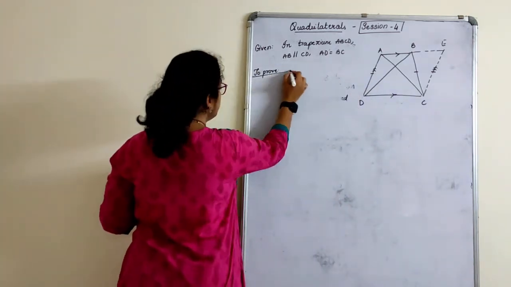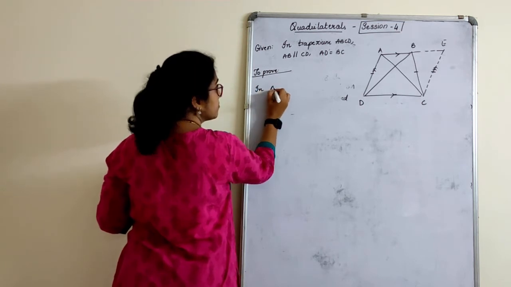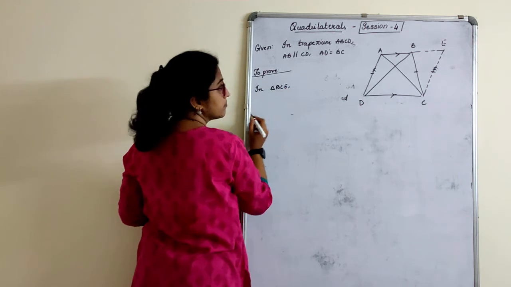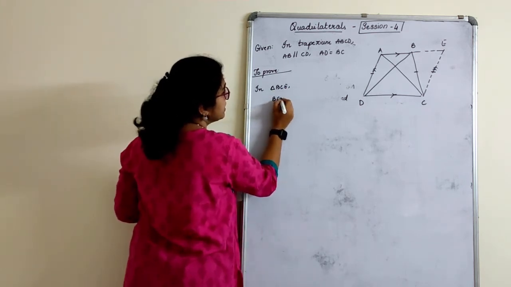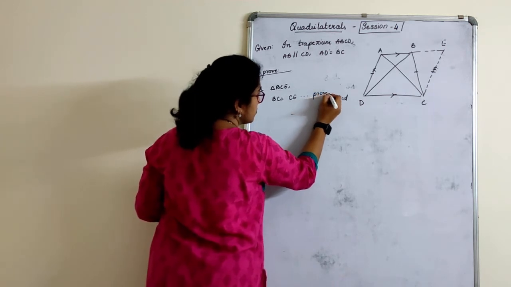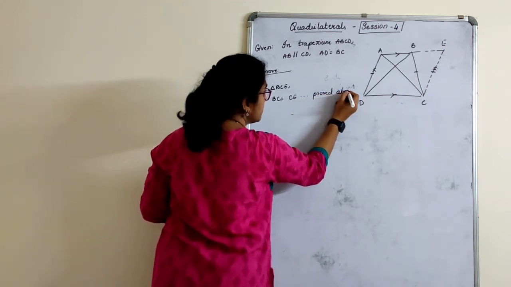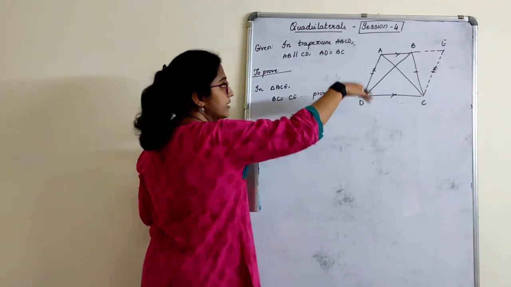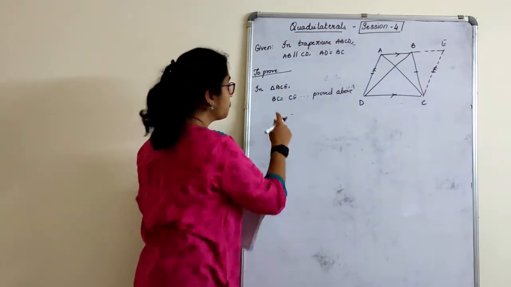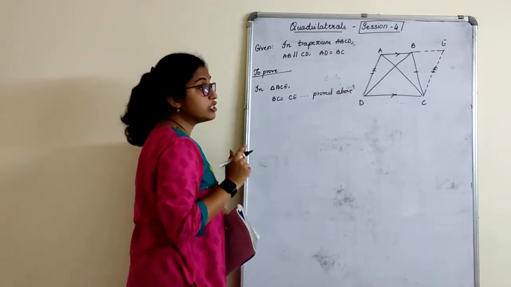In triangle BCE, BC is equal to CE. Proved above, correct? We just now proved that this side is equal to this side and this side is equal to this side. Proved above. With respect to BC, what is your angle?